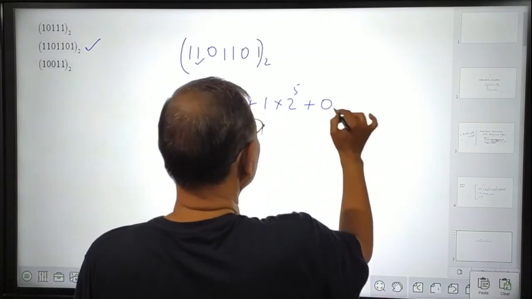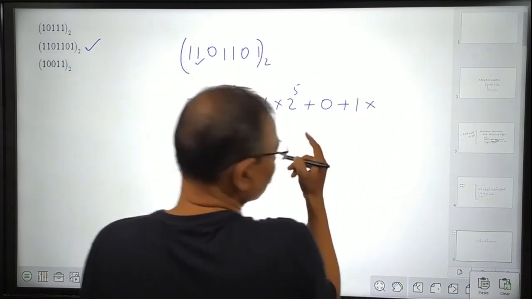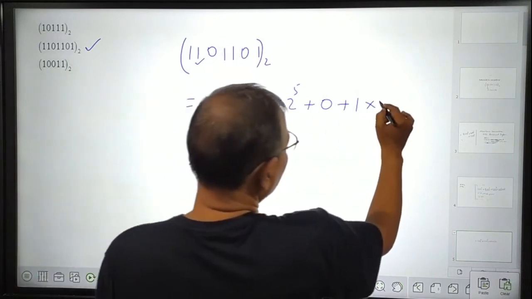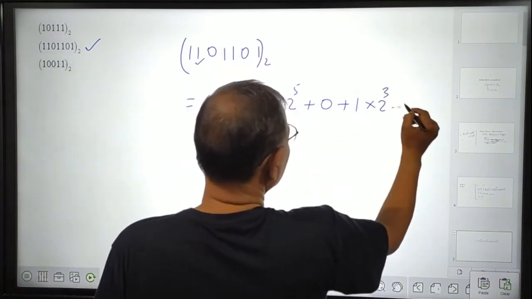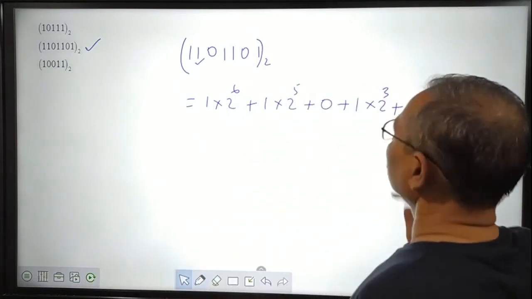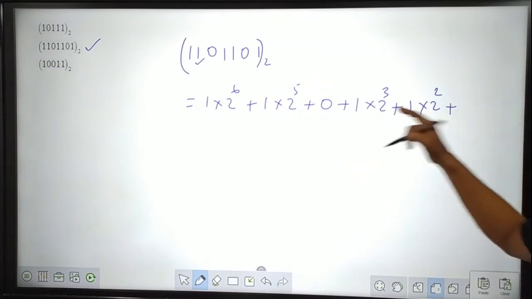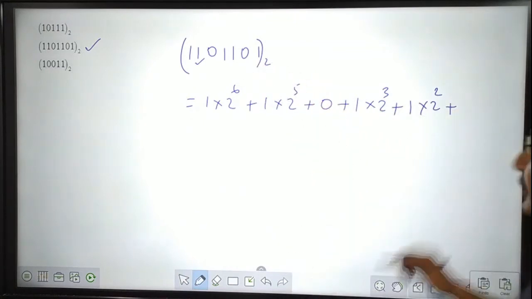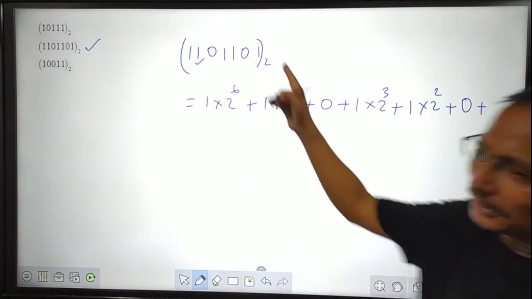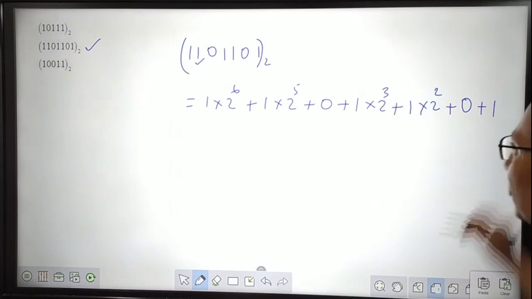So write simply 0, and this one we will multiply by 2 to the power 3, because 0, 1, 2, 3, and this one by 2 to the power 2. Similarly, this 0 will give the answer 0, so write simply 0. And this one is multiplied by 2 to the power 0, that means by 1, so simply write 1.